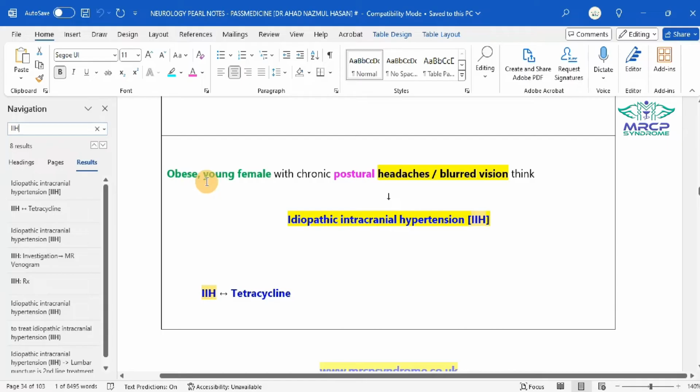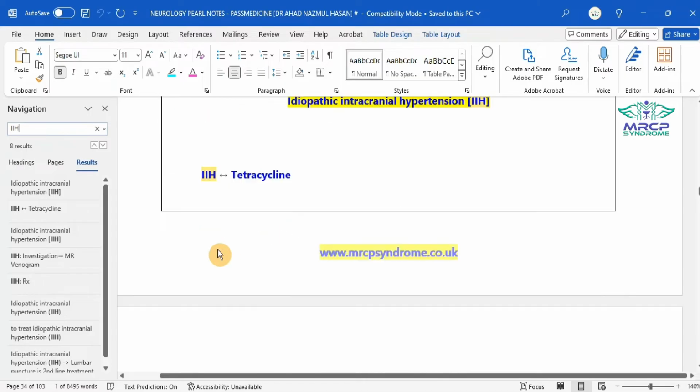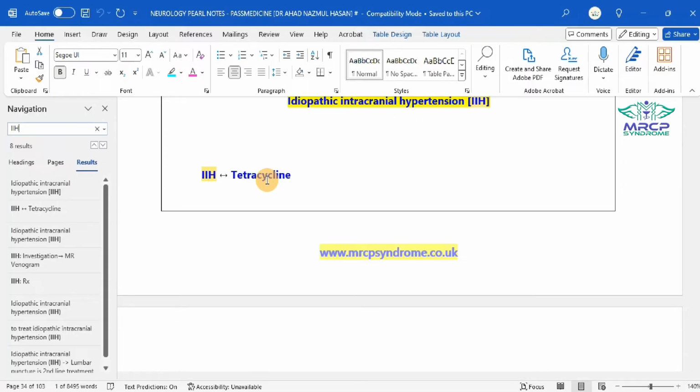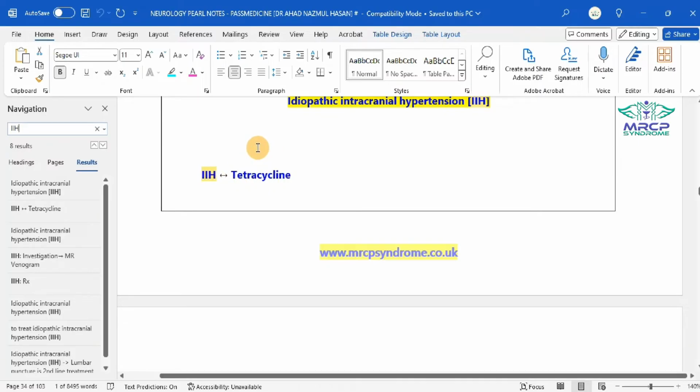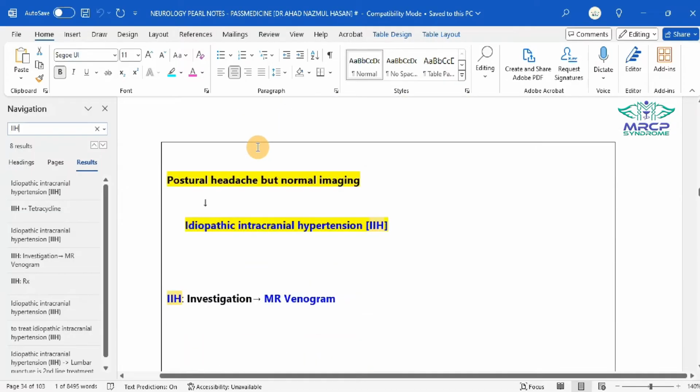So obese young female with chronic postural headache or blurring of vision, think of idiopathic intracranial hypertension, and one of the most common implicated agents is tetracycline. In some cases they may directly mention tetracycline, or in some scenarios they will give a scenario of either acne or some other condition that is treated with tetracycline.